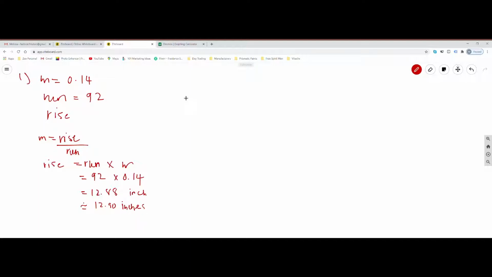So the next question is, we need to graph the point 2 and negative 3, which has a slope of 5 over 4.